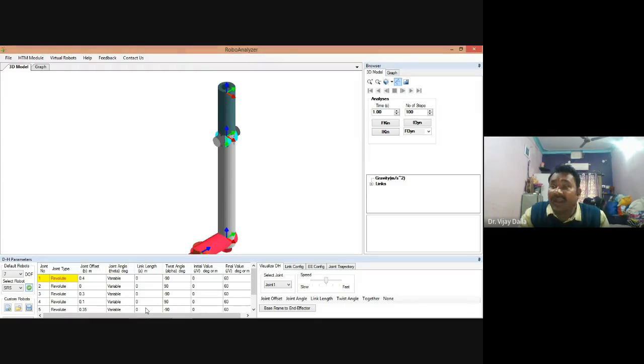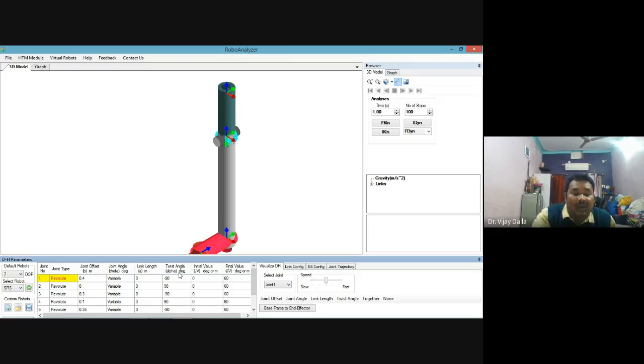Joint offset in the case of a prismatic joint, joint angle in the case of a rotary or revolute joint, and link length is the length of the link. Twist angle, as I told, if both the axes intersect each other somewhere, then the angle between those axes is known as the twist angle.